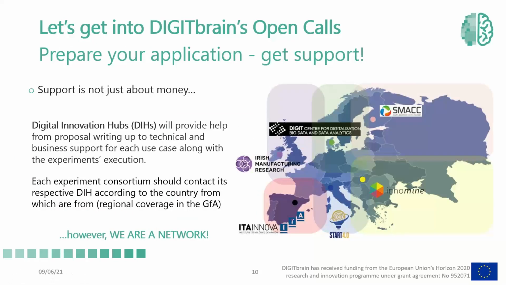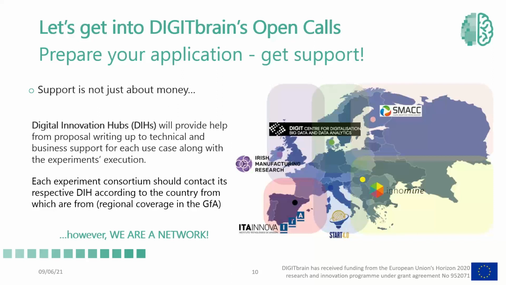Okay, and here comes an important point, as we want to stress that money is definitely not the only type of support that we provide to third parties. Within the project, we have 6 DIHs, Digital Innovation Hubs, involved, with the precise role of providing help to proposals before the submission, and also providing technical and business support along each successful experiment execution if they are selected for funding.